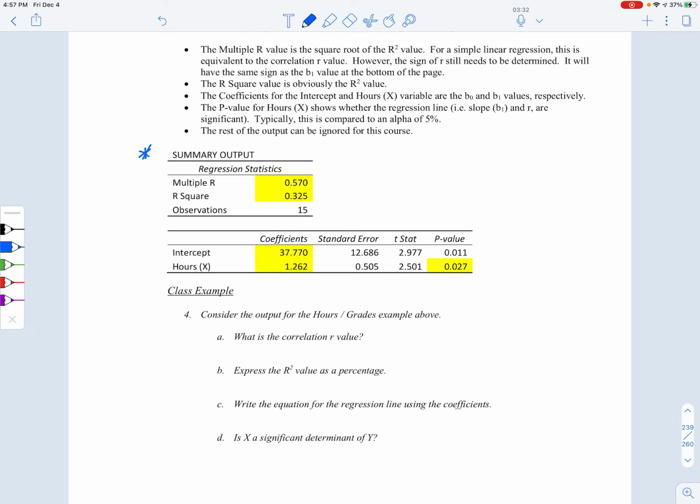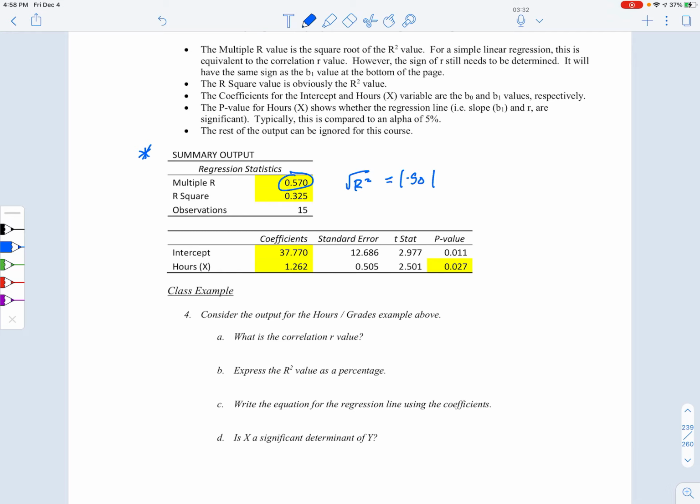So consider the output for the hours grades example above. What is the correlation R value? Well, the correlation R value is found right here, and it's the square root of the R squared value. Now, the thing to note here is it's always shown as a positive number.